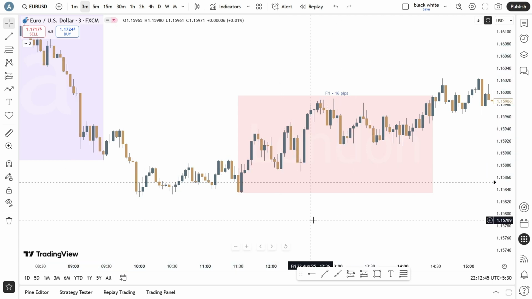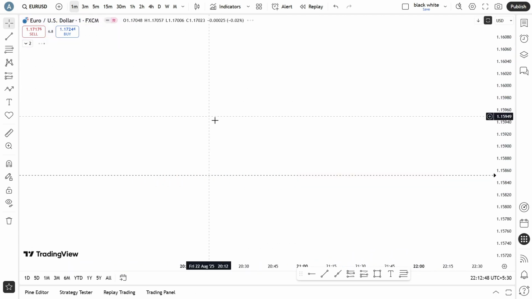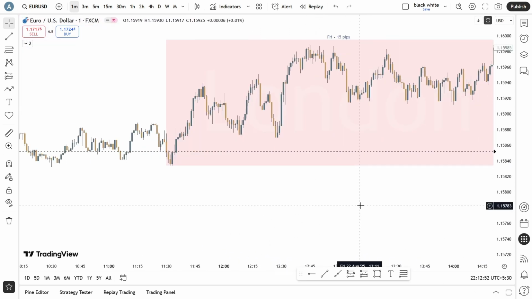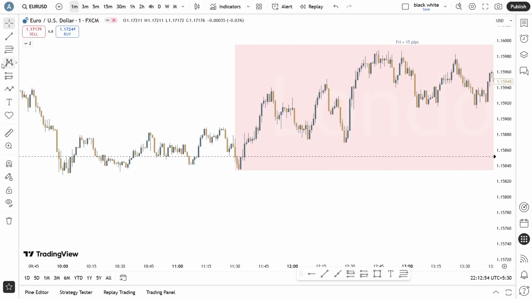But what was important here was, let's move to the 1 minute. So it is quite a small time frame chart for you, but let's see the situation, what is happening inside. Price made a low, moved higher. This is where it took the liquidity of this high. I'll be simplifying it again.